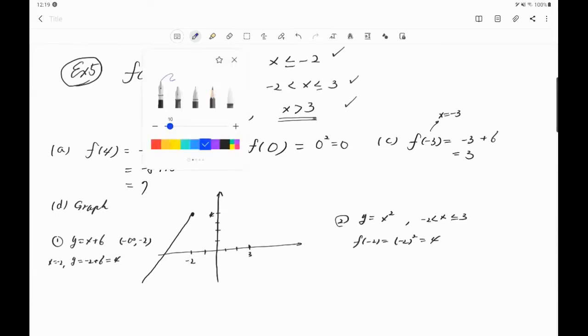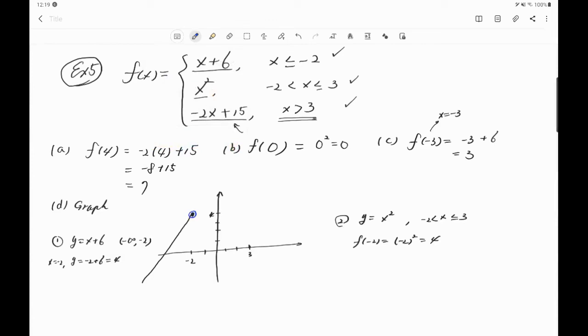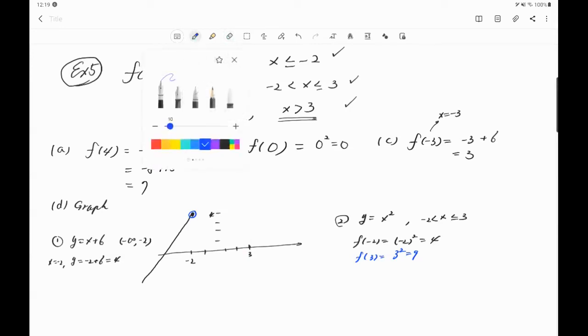Let me use a different color. And then if x is 3, then 3 squared is 9. So if x is 3, then let's say 9 is all the way up.